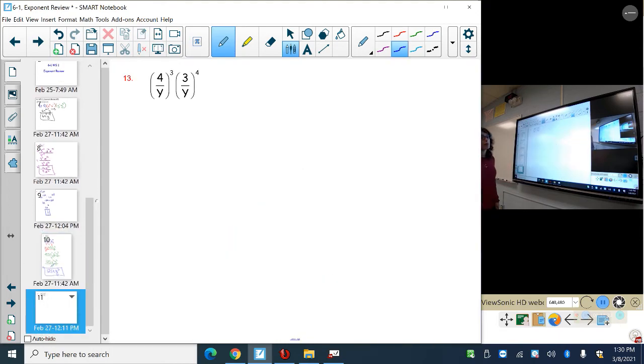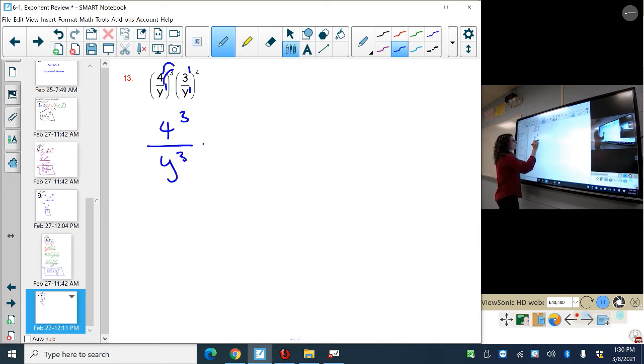Last one I'm going to do is problem 13. Very first thing you're going to do is put on your missing powers on your bases. So this is 4 to the 1st, y to the 1st, 3 to the 1st, y to the 4th, or y to the 1st. Multiply 4 cubed over y cubed, 3 to the 4th over y to the 4th.